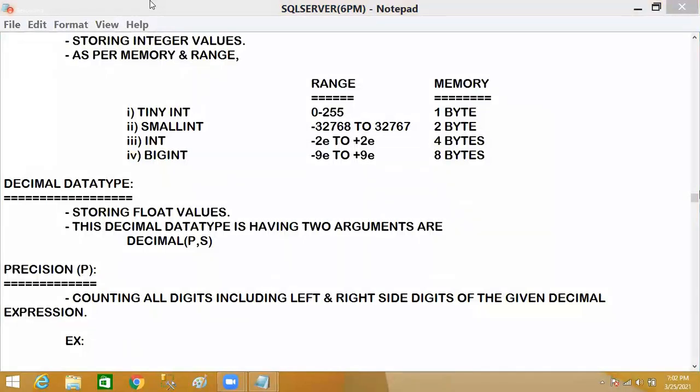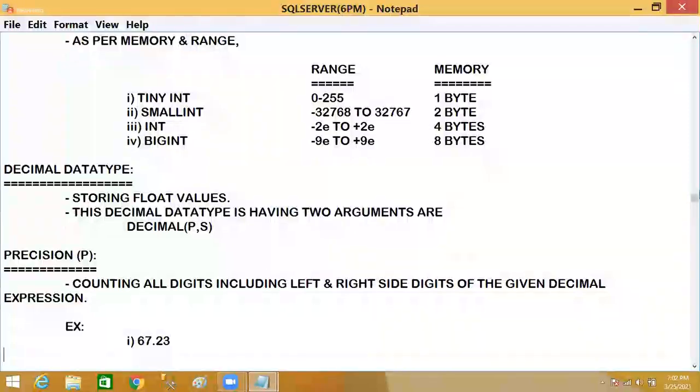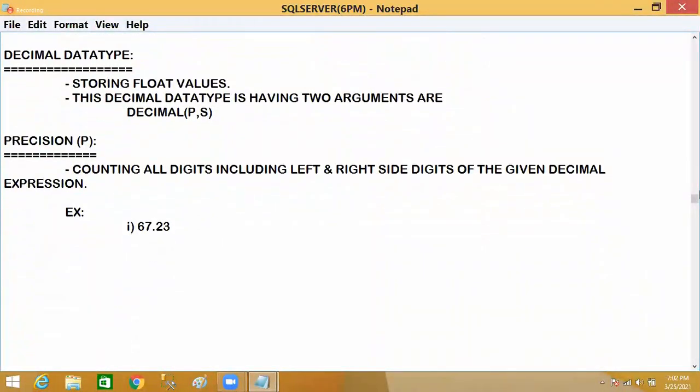For example, observe carefully. Suppose I give one example, guys: 67.23.